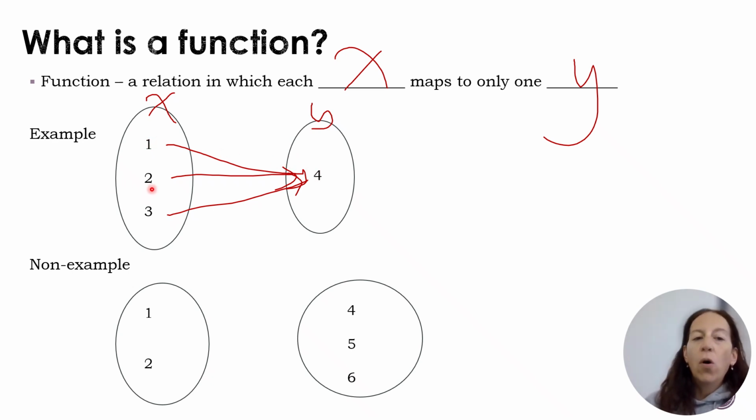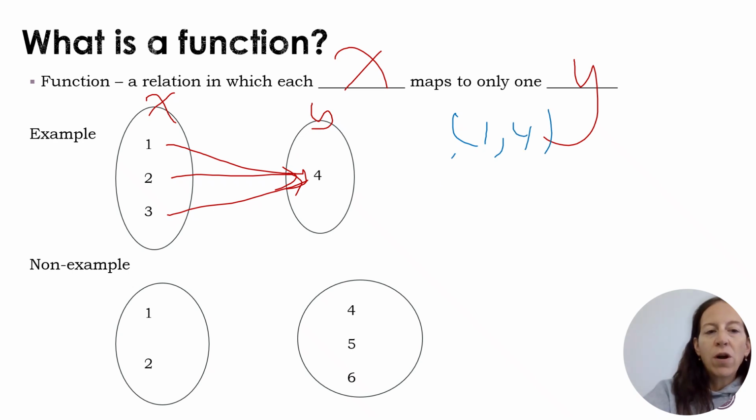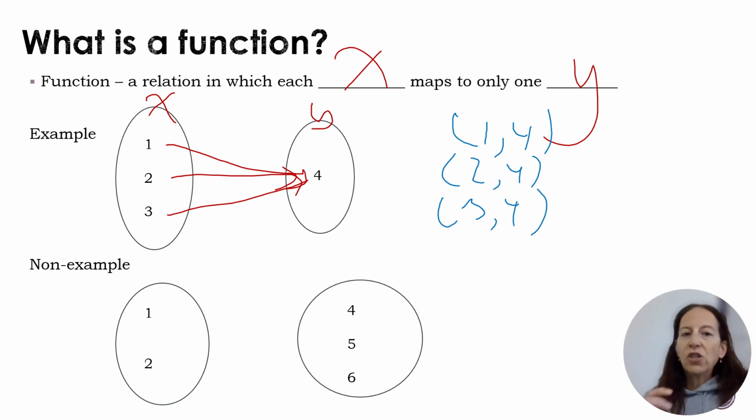The 2 only maps to a 4. The 3 only maps to a 4. So each x maps to only one value of y. If you were to write that out as a set of ordered pairs, it would be the point (1, 4), the point (2, 4), and the point (3, 4). So again, keep your eyes on that definition. Each x maps to only one y.